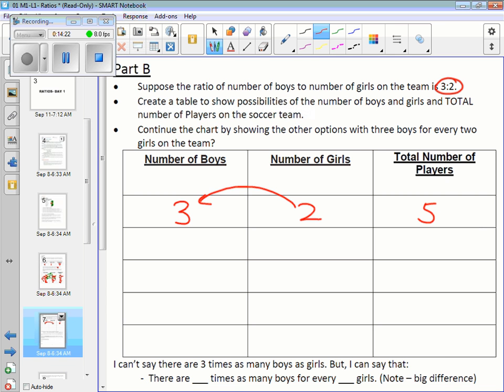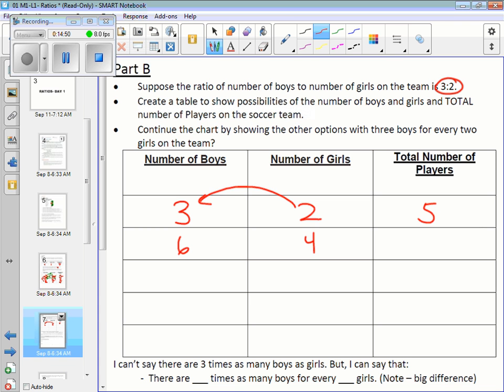So, what do we do now? What's our next equivalent ratio that we can use, and will it work? Gabs, go. Where's my 6 and where's my 4? 6 boys, 4 girls.